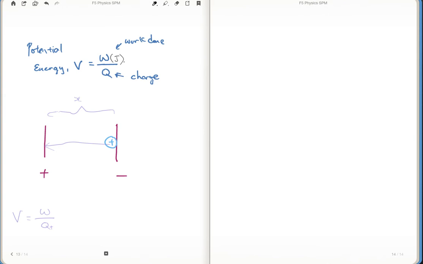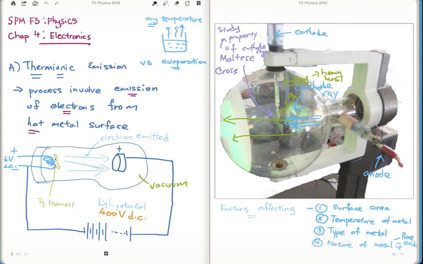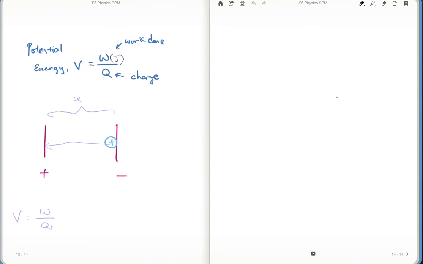So what happens in the event of a cathode ray, from a negative to a positive? The work done, or the transfer of energy from potential to kinetic. We're talking about electrical potential energy, because you might confuse it with gravitational potential energy, mgh, which you learned in Form 4 Chapter 2.